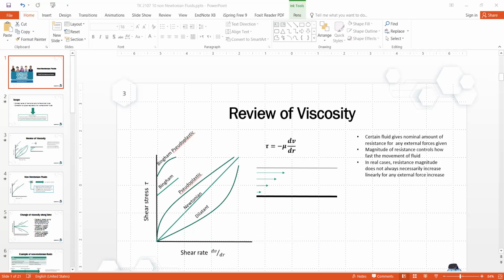So I'm going to review a little bit about viscosity. You guys must remember this one: Newtonian, dilatant, pseudoplastic, Bingham plastic. In any case of fluid movement, you always have the thing that is called the shear stress, and then you will have the thing that is called the shear rate.